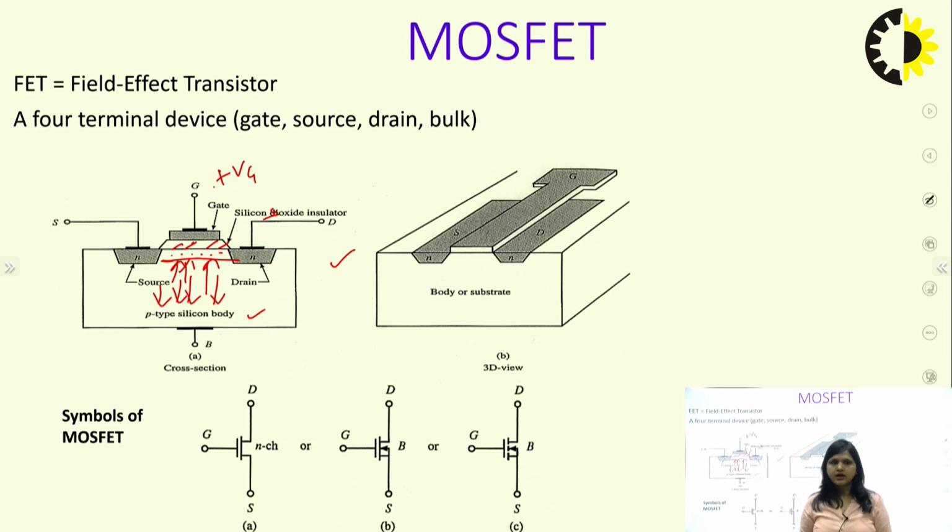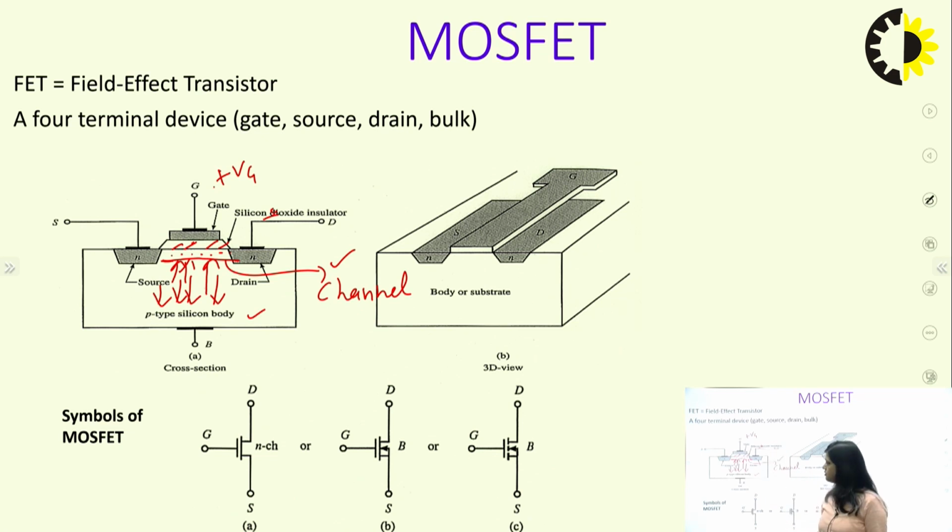So the minimum voltage which is required to generate an inversion layer just below the gate is known as threshold voltage, and whenever this inversion layer is present, now we can start the conduction of current. This is the channel actually, which we have formed just by applying the gate voltage.